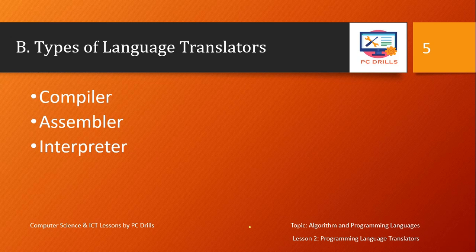And for the language translators, you can have various types. You can have an interpreter, an assembler, and a compiler. These are the main three that you might have. And depending on the particular programming language, it determines which one you are to work with.